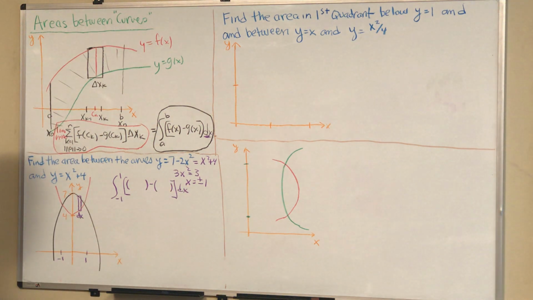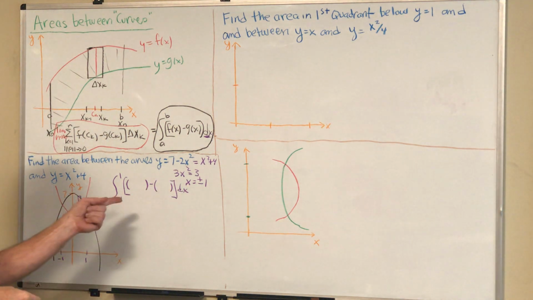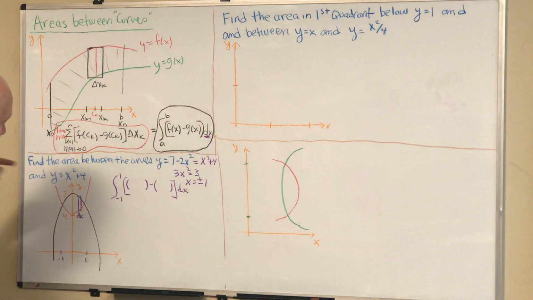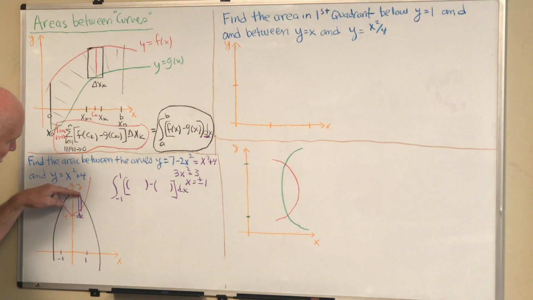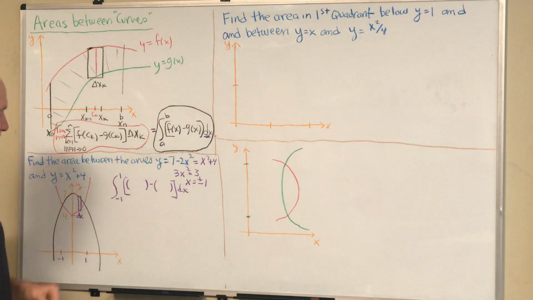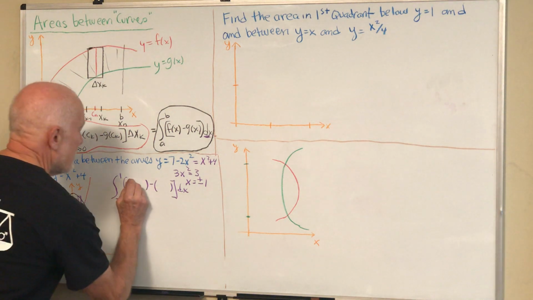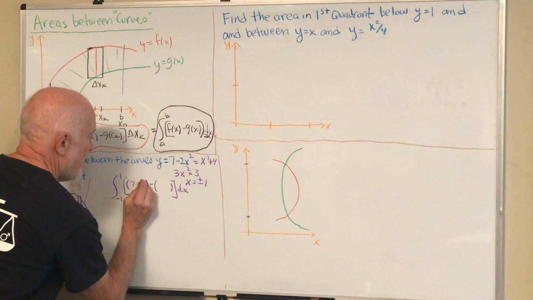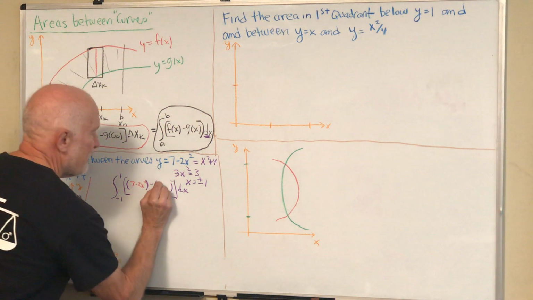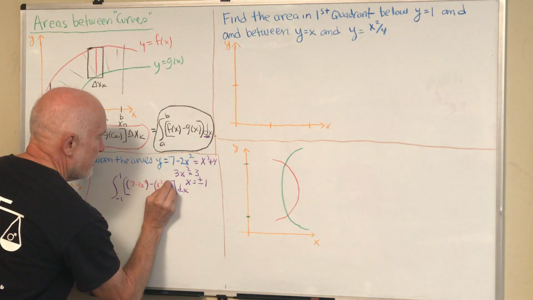But we have to be careful. We want this to be a positive area, so we have to take the upper minus the lower. The higher up you are, the bigger the y values are. So we're going to want to go black minus red, and the black is 7 minus 2x squared, and the red is x squared plus 4.